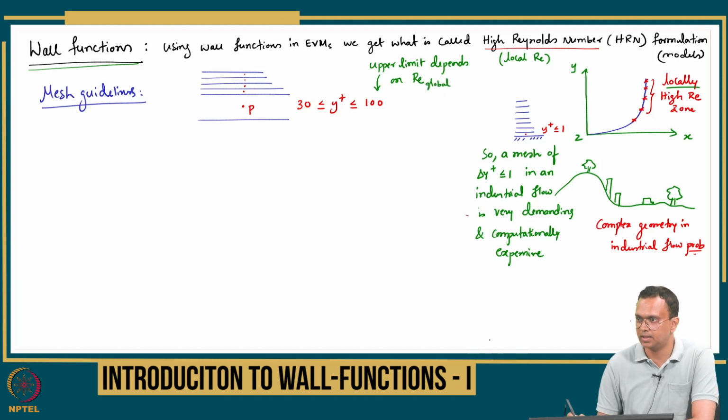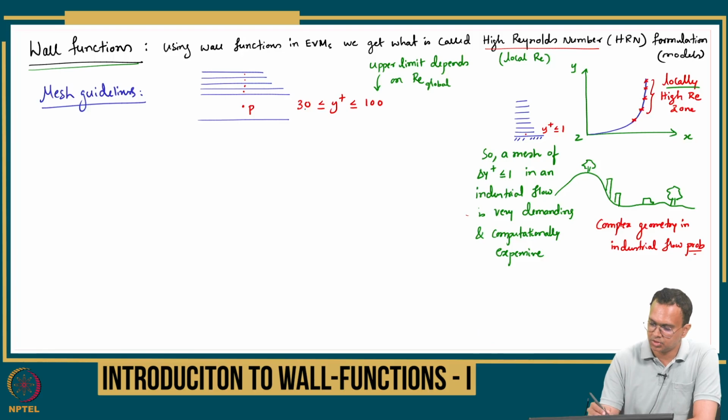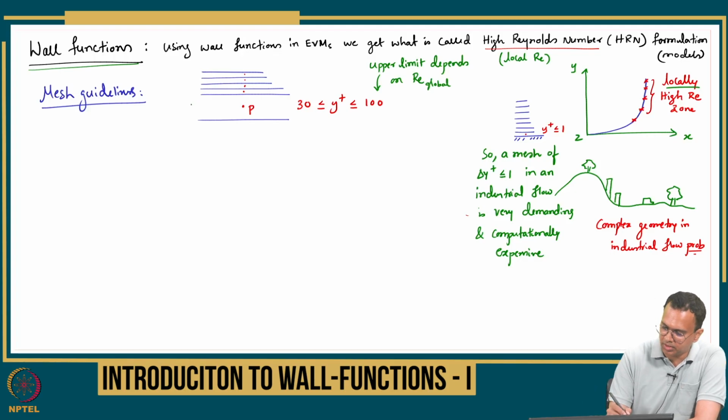It could be Re delta, Re L, whatever you are using. Okay, so you see that P is now coming inside the inertial sublayer, right, the log law region. Or you can say inertial sublayer, right?